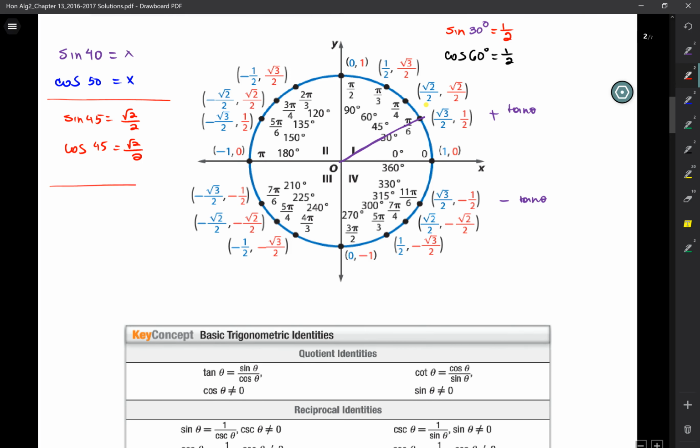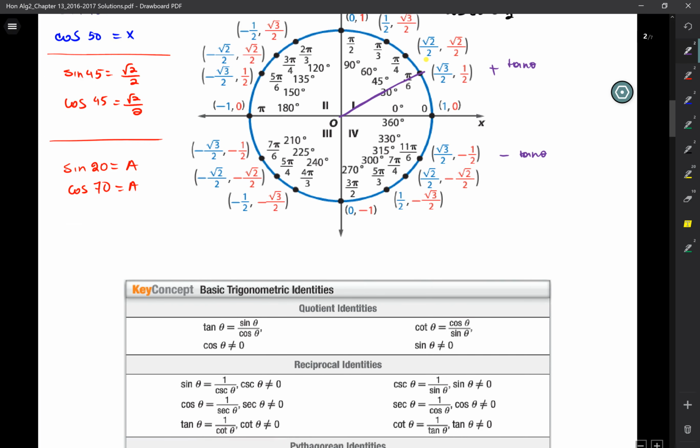So now, let's say sine of 20 is equal to some value, a. Okay? What's the complement of 20? 70. So cosine of 70 equals a. All right? So the way we write it is sine of 20 is equal to the cosine of what? 70. And these add up to 90.